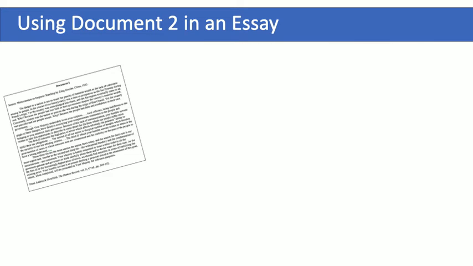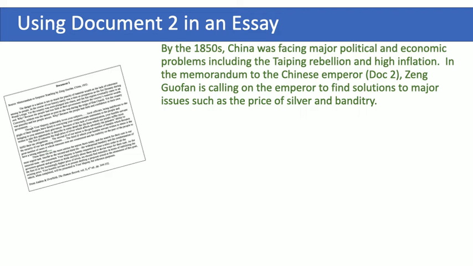So I would use this, if I were to write this again using the 4 E's. By the 1850s, China was facing major political and economic problems, including the Taiping Rebellion and high inflation. I'm bringing in outside information here.